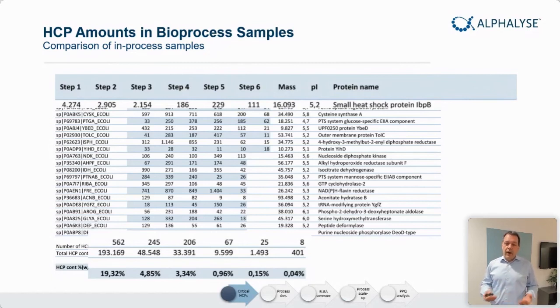So for example, if you have HCPs that might be immunogenic, or HCPs that might have enzymatic activity, you would probably like to remove those to increase the stability of your drug substance and to remove the risk that you fail later on in phase 2 or 3 because you have immunogenic reactions from test persons.